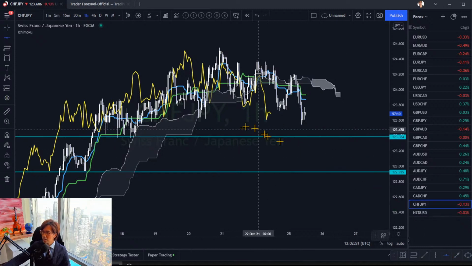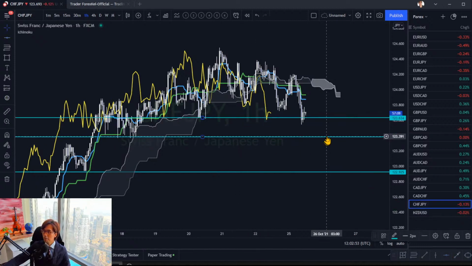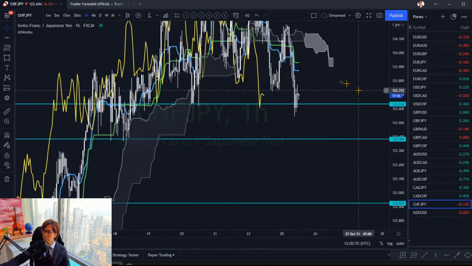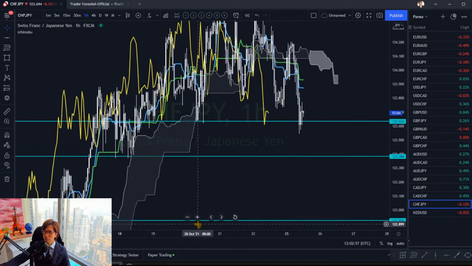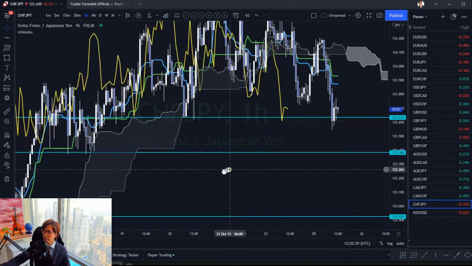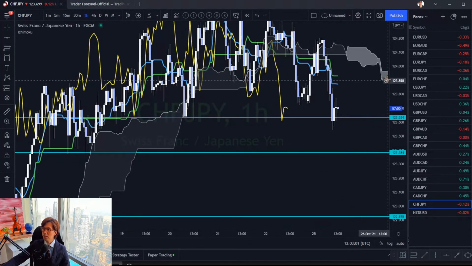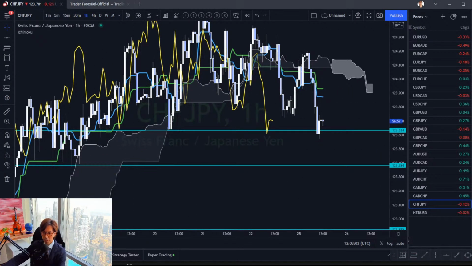There was a previous support level here, and here too, I see these are the supports. The level 123.63, you see there were twice or three times of support here. Right now, it overshot, but the market retraced backwards and went back up on that level. So this is still in the range.